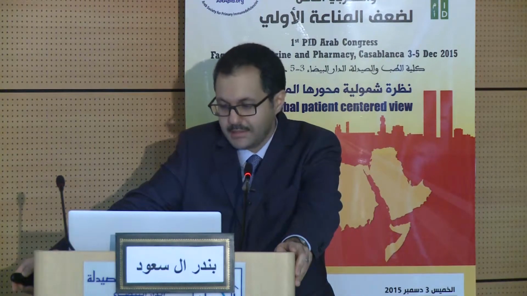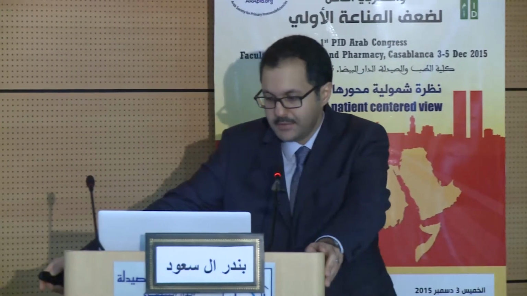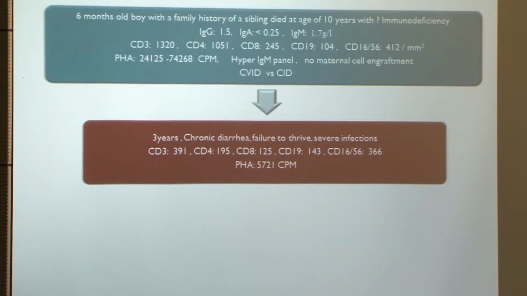So he presented later at the age of 3 years, this time with significant clinical history: chronic diarrhea, failure to thrive, and severe infections. At this time, his flow cytometry showed a severe decrease in CD3, CD4, and CD8, and his PHA response was just 5,721.